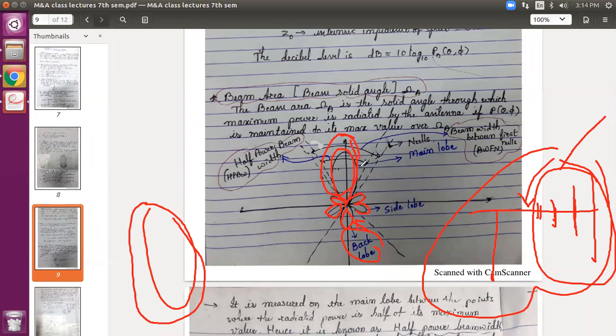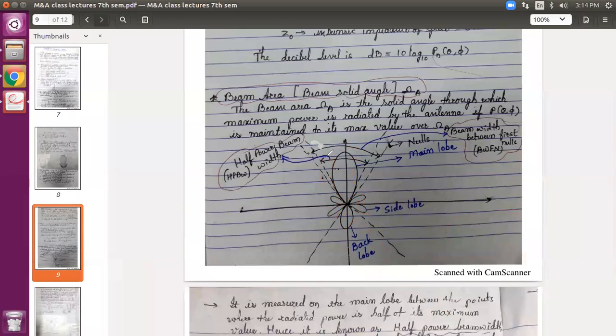This is about the main lobe. Just observe here in this picture the area covered between these two. I have just marked it here by the dotted lines. Okay, this area, the first line, not the second. The area between these two, the beam covered, we call the half power beam width. And these are the null points, nulls, okay?